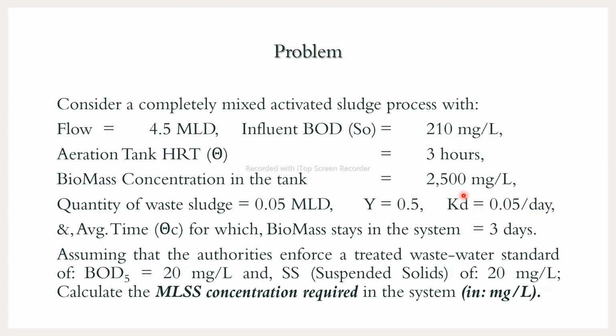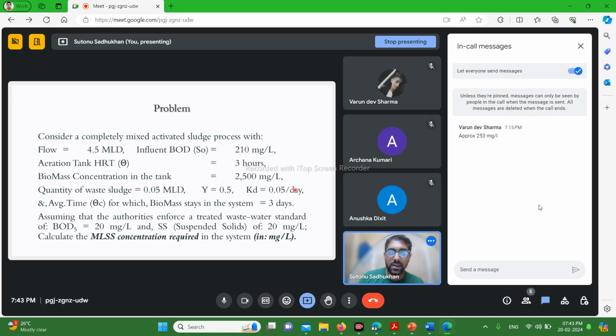So whatever they are eating, the amount with which the food is decreasing, that is your BOD decreasing, equals the increase in microbial biomass plus the dead or decayed biomass. So this is basically your mass balance.